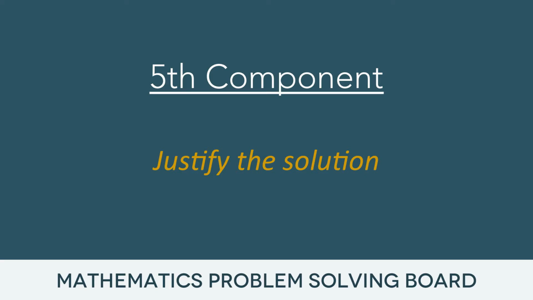Once students arrive at what they hope and believe is the correct solution, they're ready to move to the fifth component of the board, which is justifying their solution. This is where students ask, how can I prove that my answer is correct? They can do this one of several ways, but one way in particular is they can reverse the mathematics that they did.